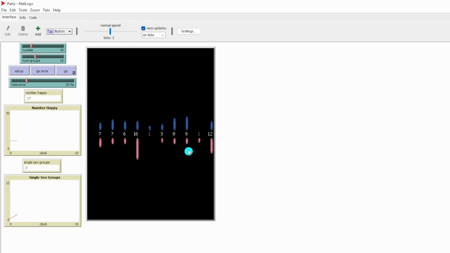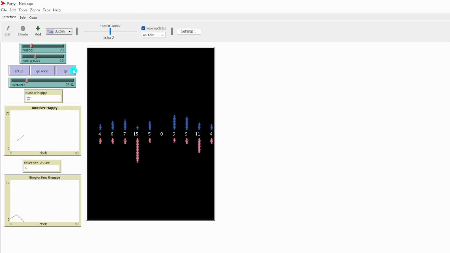And the rest of the 8 groups have both sexes. Let's click again and see how the group composition will continue to change. Now we have 27 people who are comfortable with staying in the same group. That means the group composition doesn't exceed their tolerance level. And we have 1 group that has 0 group members.